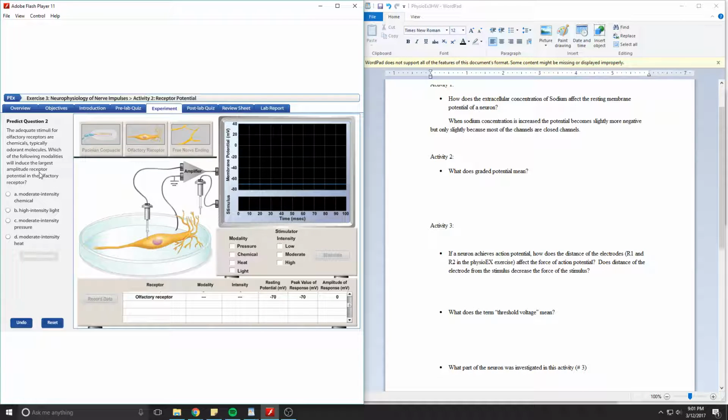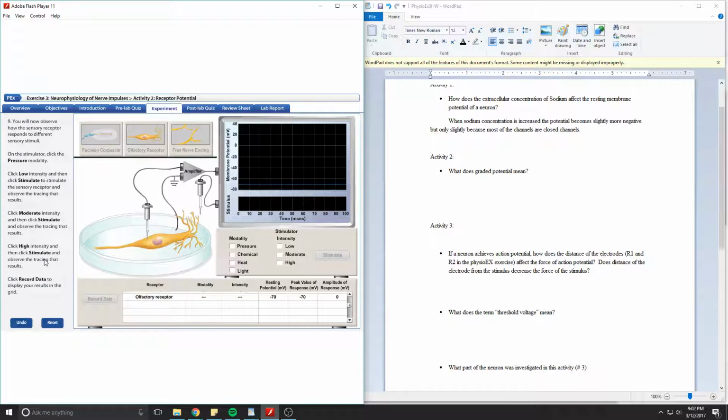Receptors are chemical. Chemicals typically alternate. Which of the following modalities will induce the largest? Okay, so it told us it's going to be chemical. It probably told us on the last one too, and I just missed it. So pressure. Oh my god, we got to do all this again. Yeah, pressure didn't do anything.